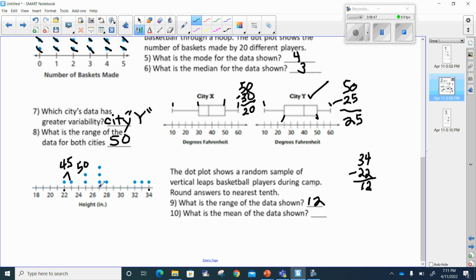I know we have 27 in between 26 and 28. 27 times 3 will give us 81.